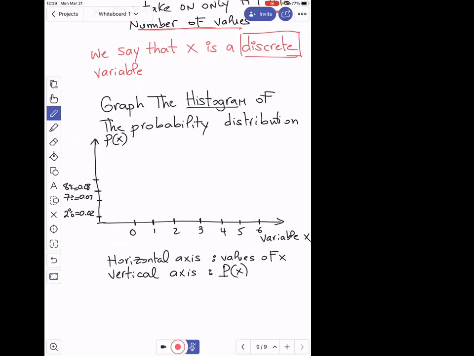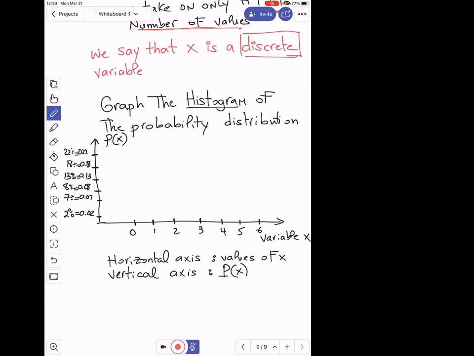Then the next is 13%, which is 0.13. Then we have 18%, which is 0.18. And finally, the largest probability of x is, I think when x is 4, that's 22%, so this is 0.22.